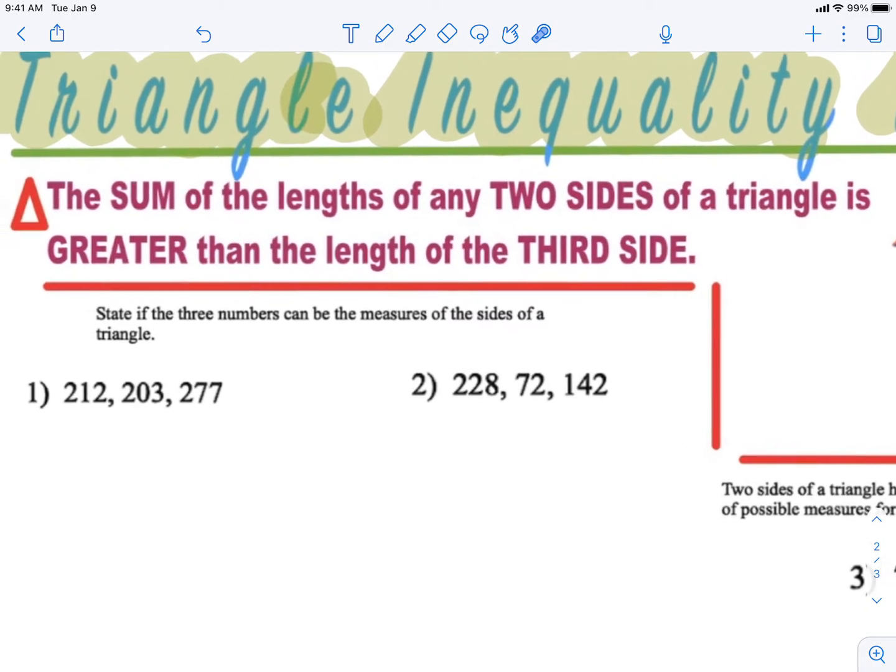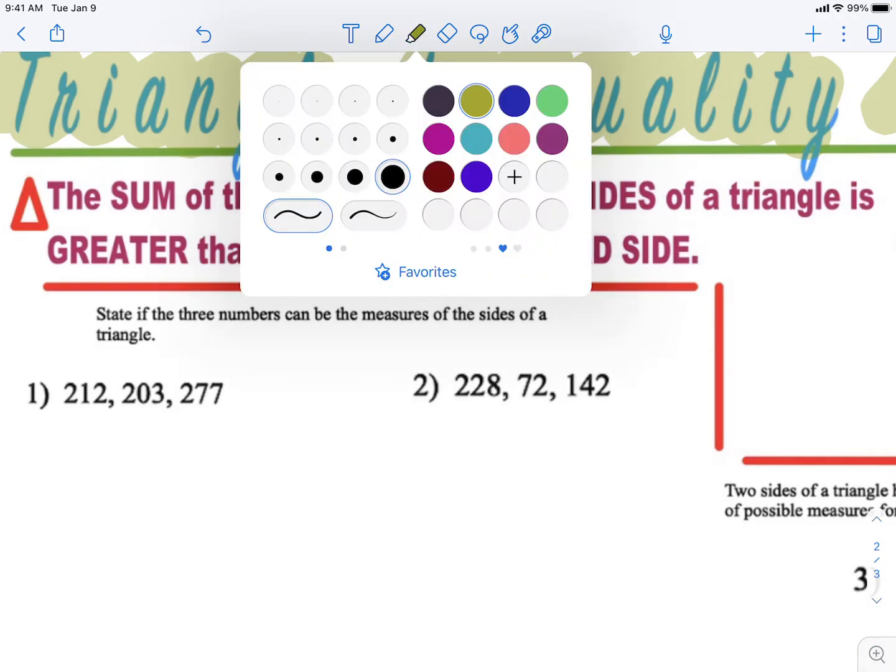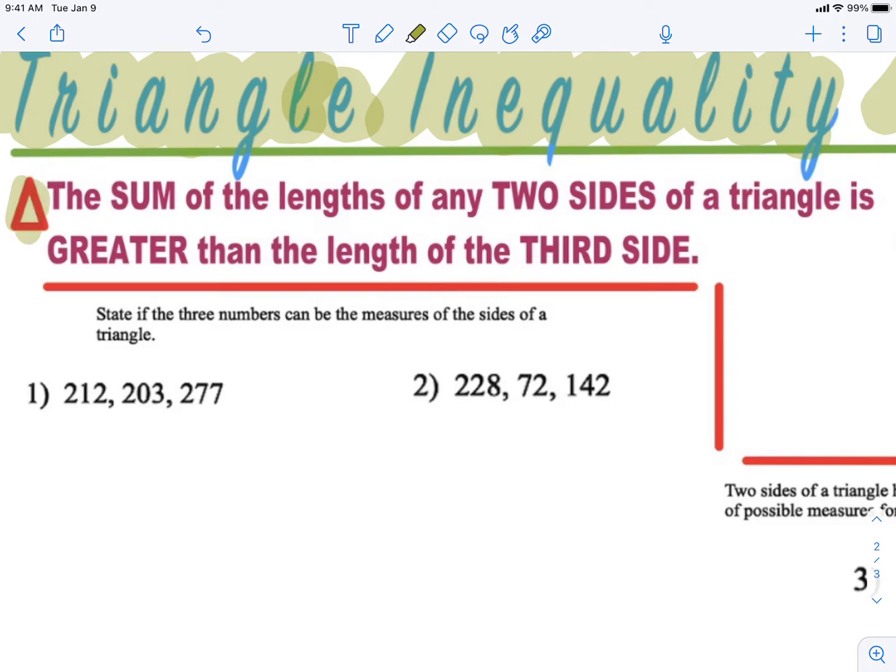Our first bullet point, and our only bullet point here, is, green here, triangle. Okay, let's read. The sum, it's important, of the lengths of any two sides of a triangle is greater than the length of the third side.